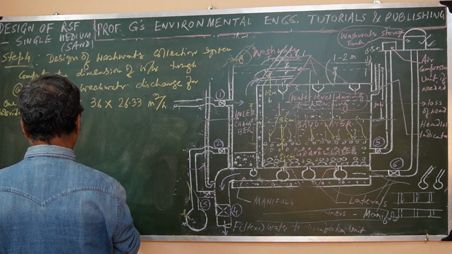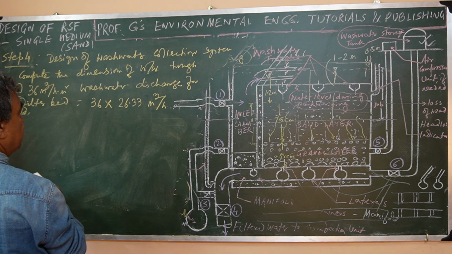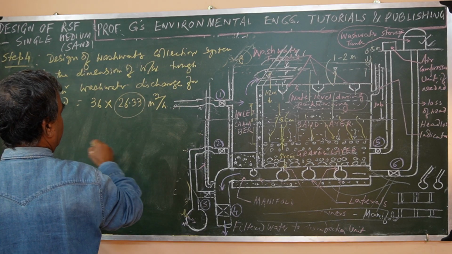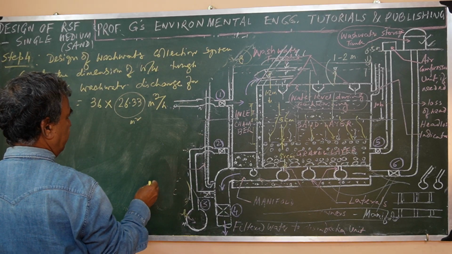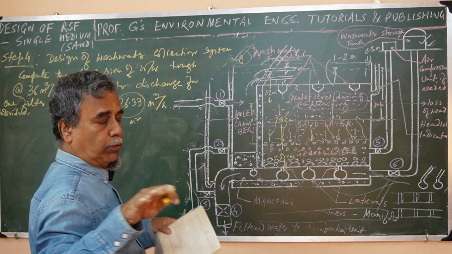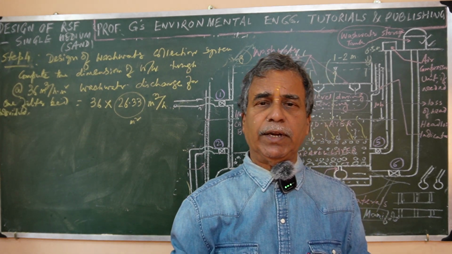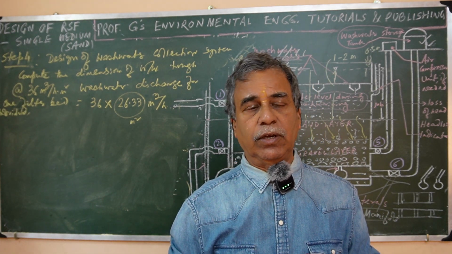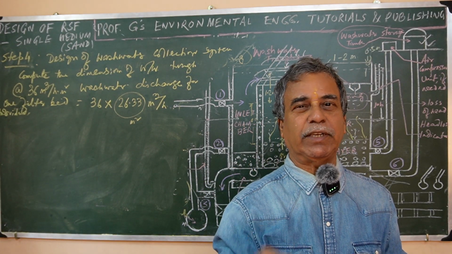So that is actually 36 meter cube per hour per meter square into the area in meter square, because we provided a minimum of 2 filters, each one having a plan area of 26.33, making the total 52.6 or so, as I remember.